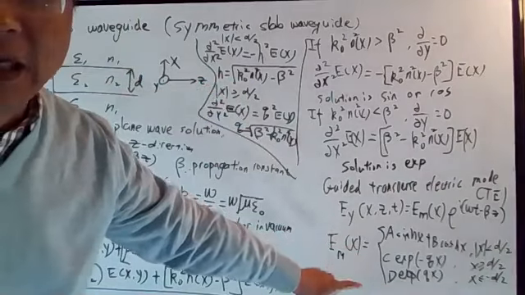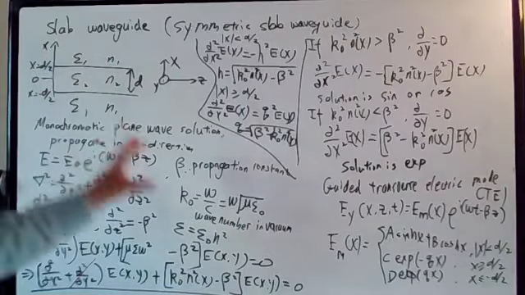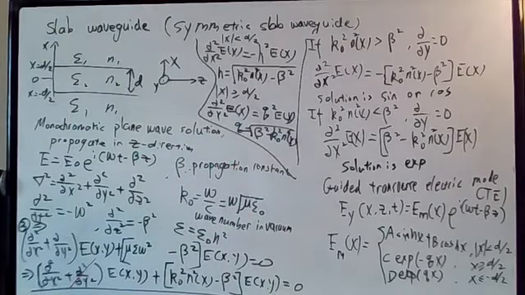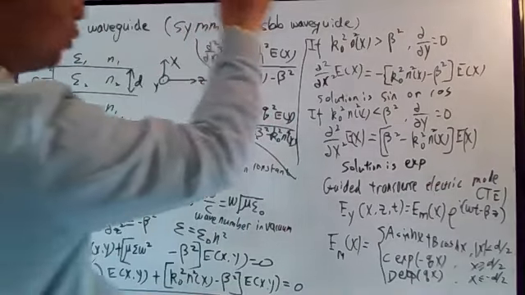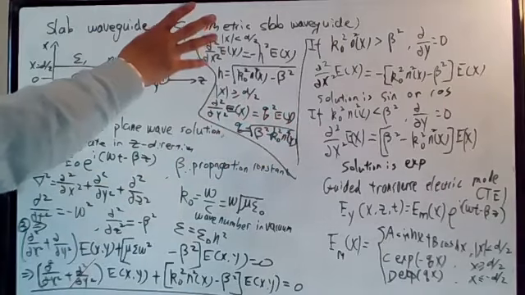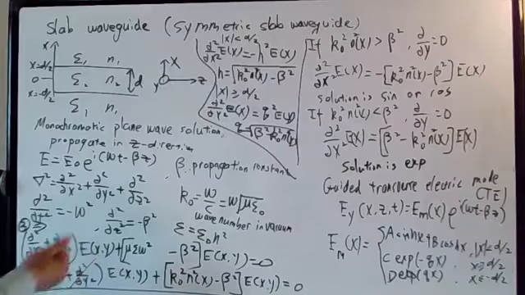That's the representation for this slab waveguide problem. So I'm going to stop here. I'll leave the time for the lab session. But for today's class, we used Maxwell's equations and derived this wave equation.